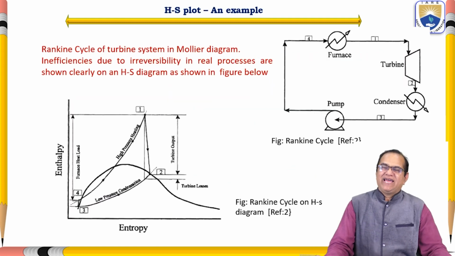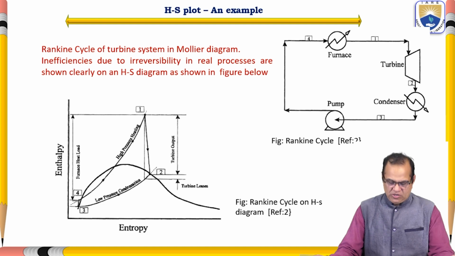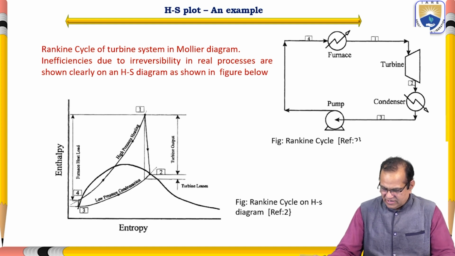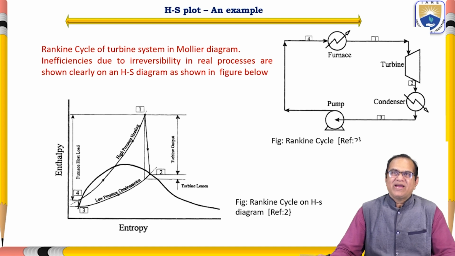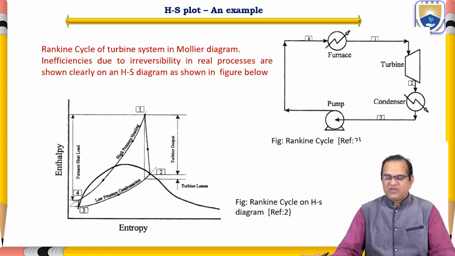Now, an HS plot example. I am showing one Rankine cycle of a turbine system on the Mollier diagram. Inefficiencies due to irreversibility in the real process are shown clearly on the HS diagram, as shown in the figure below.